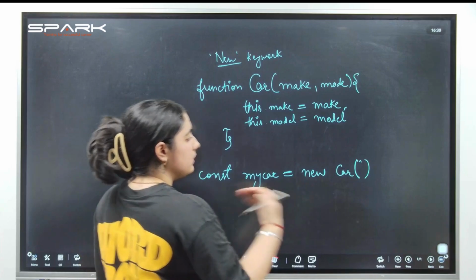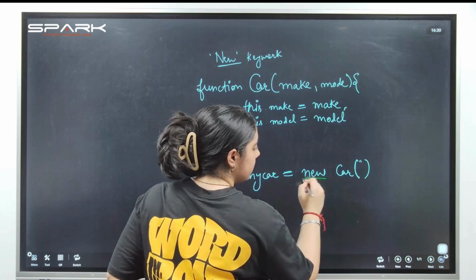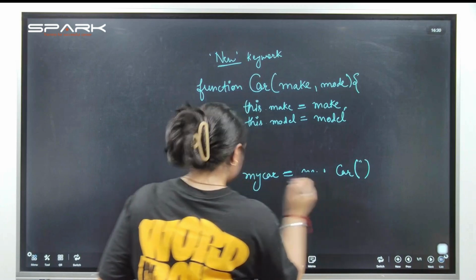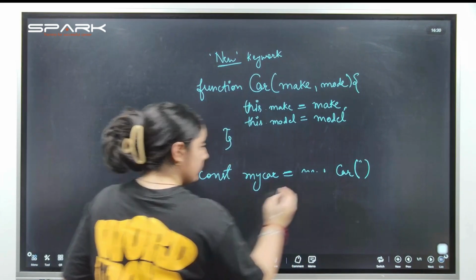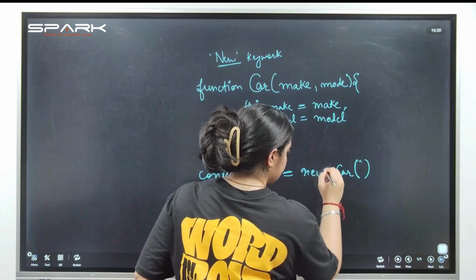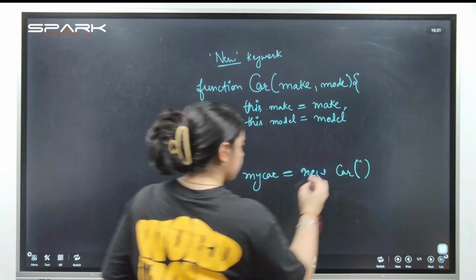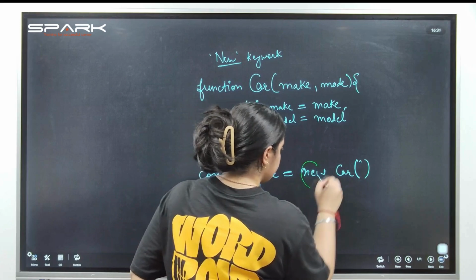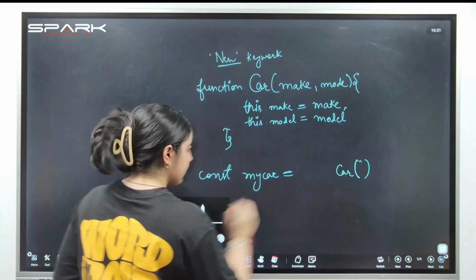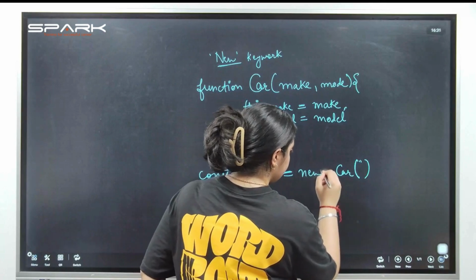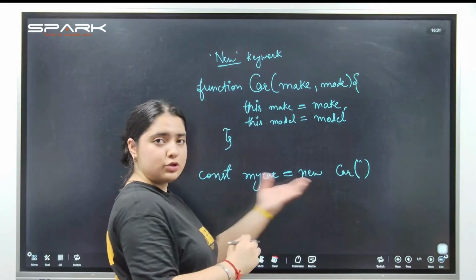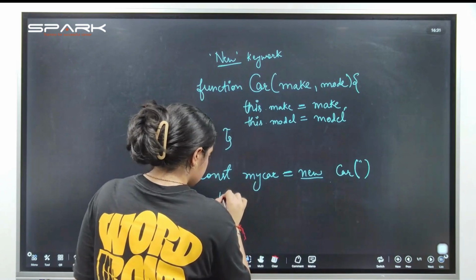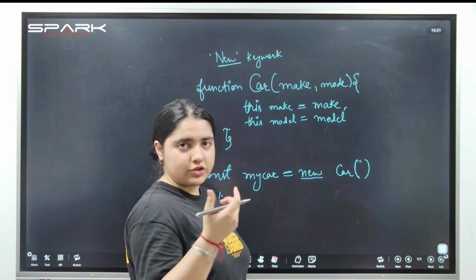So what happens here when we use new? Whenever we use new, three things happen. First, it creates an empty object.